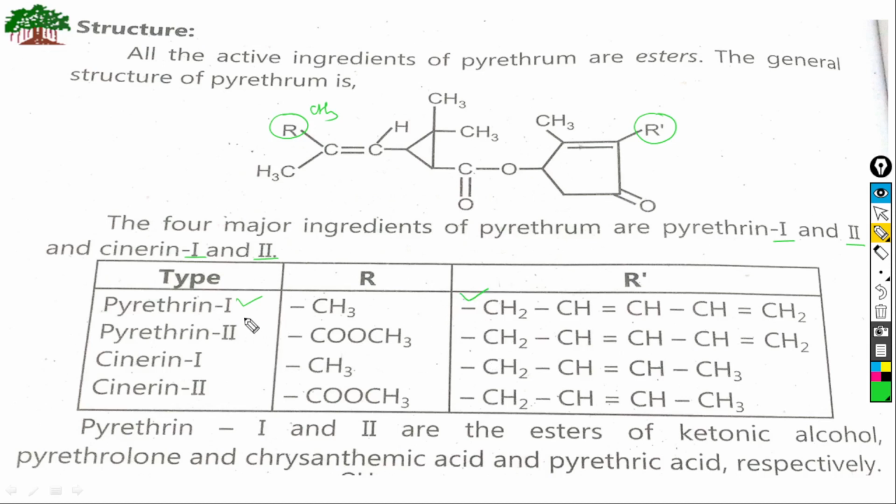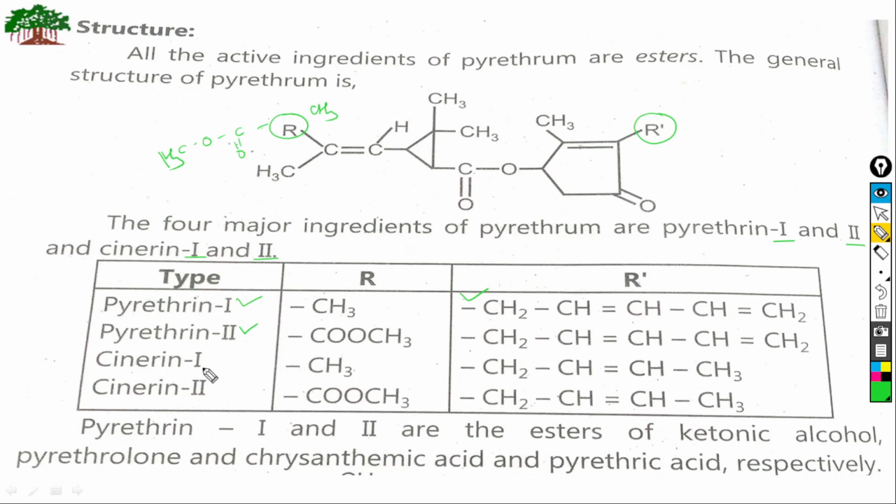If the R dash remains the same pentadienyl group and this R is COOCH3, then it becomes pyrethrin 2.